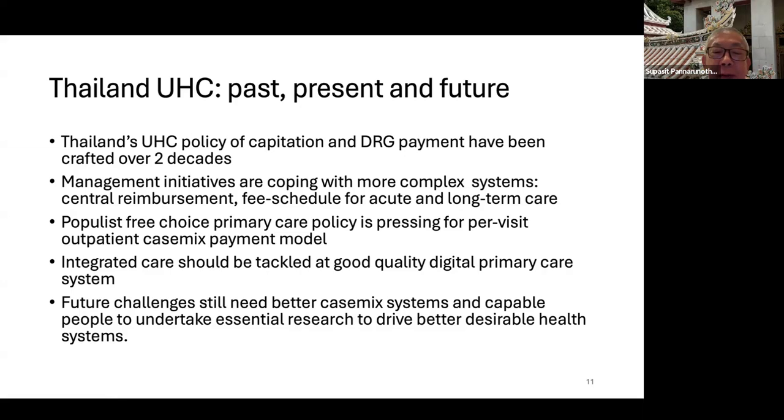As some of you are aware, in Thailand universal health coverage is managed by 3 different schemes for 100% of the Thai population. Some schemes provide free choice for outpatient service, while one scheme imposes the gatekeeper model.